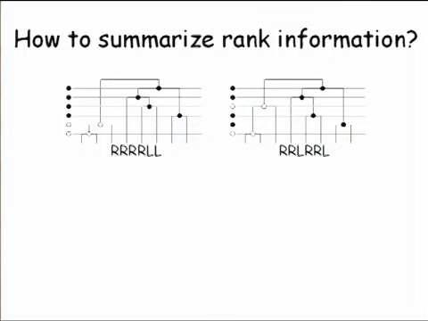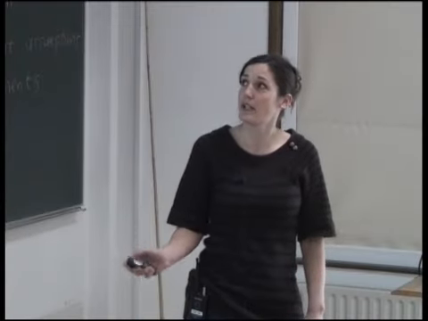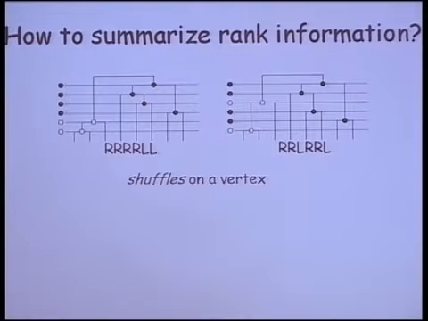And in the right tree, the first speciation event on the left side was already a third, so we code it RRL, RRL. And under our neutral model, both these rankings conditioned on the tree shape are equally likely. And we call these sequences shuffles on a vertex. So we don't care about how the ordering is within a subtree, but we just look at the 2 subtrees below a vertex.